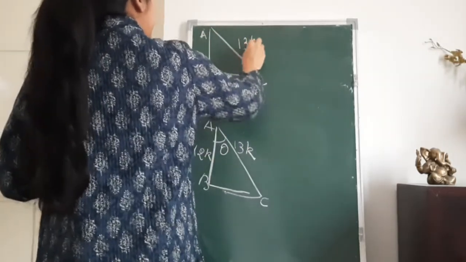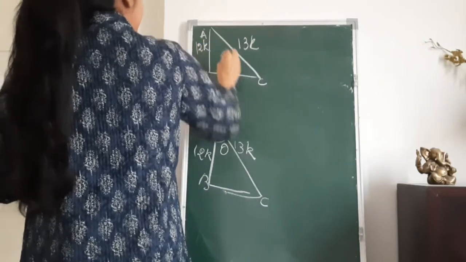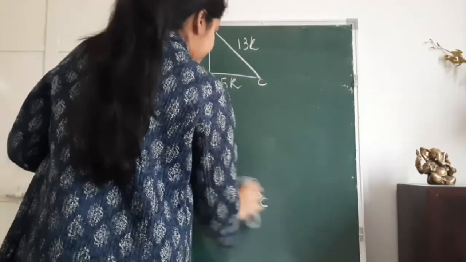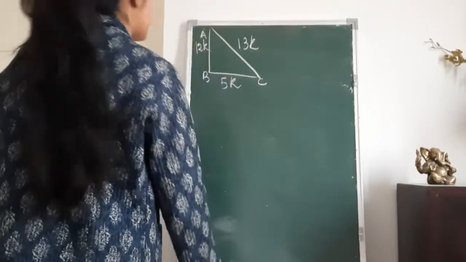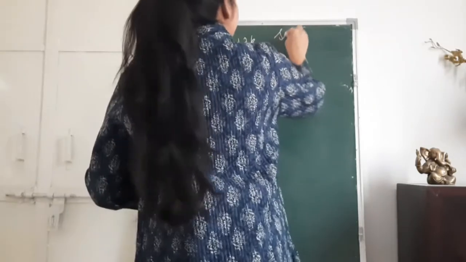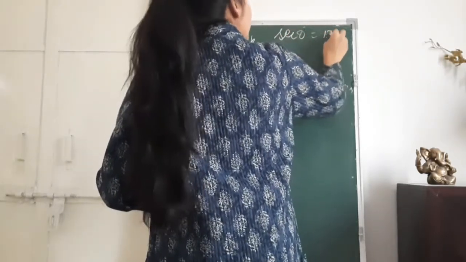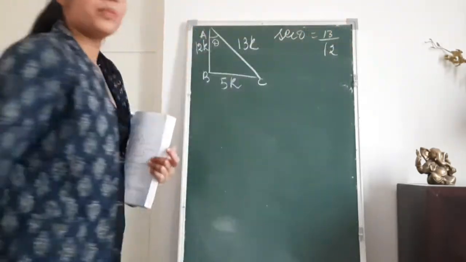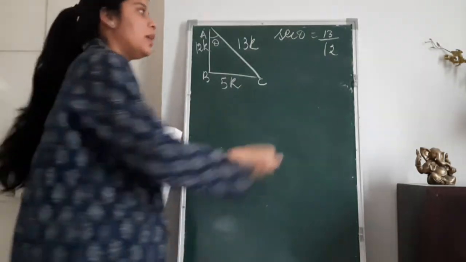So let's draw this triangle with the values we have found. This is 13k, this is 12k, and this is 5k, and this is angle theta. Sec theta is given to you as 13 upon 12. So what will be cos theta equal to?